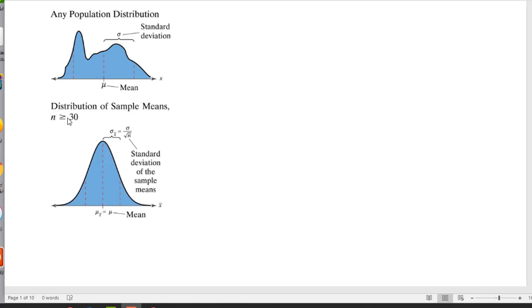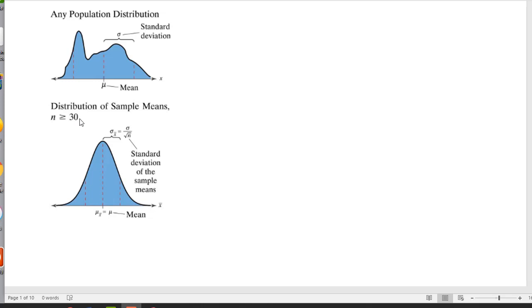They're usually in the thousands of people. And the reason that they sample with such large sizes is we want to make sure that whatever the population distribution is, we're guaranteeing that our distribution of sample means is normal, and we'll use the standard normal relationship.